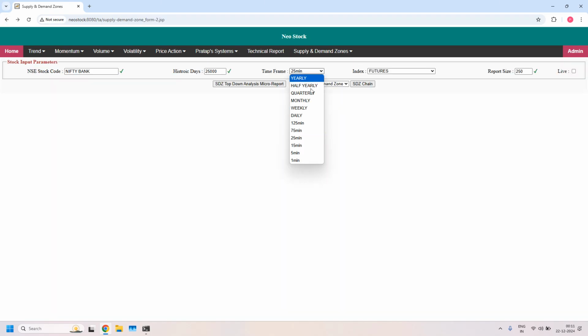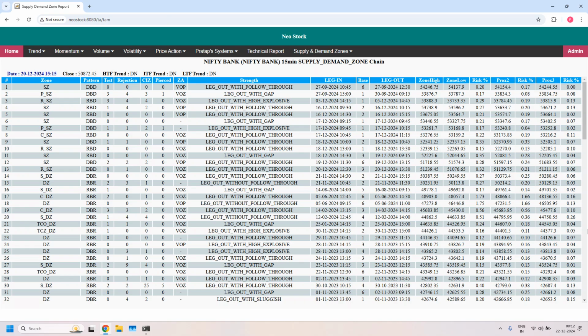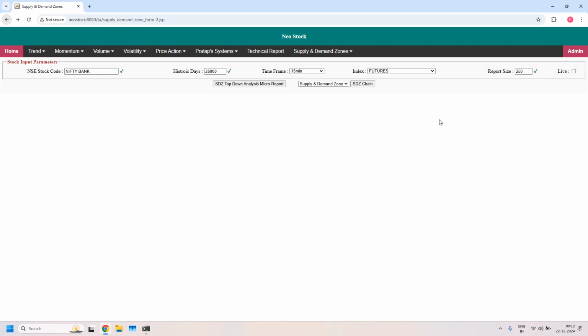Next, 15 minutes supply demand zone chain for Bank Nifty. And finally, 5 minutes supply demand zone chain for Bank Nifty.